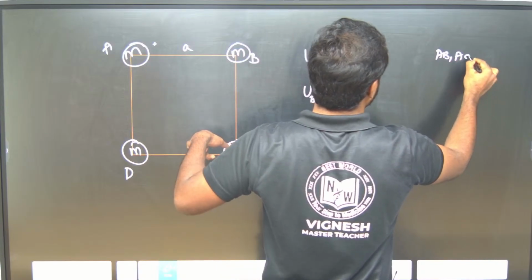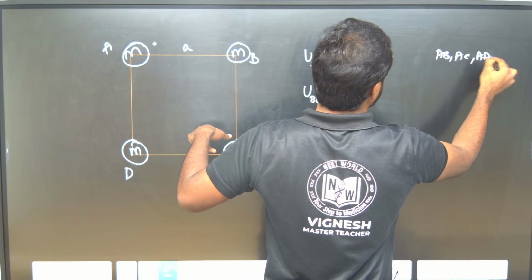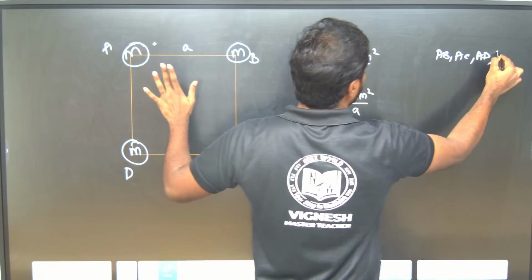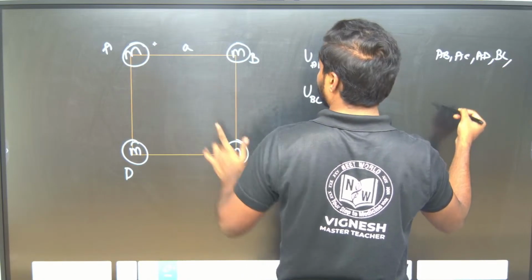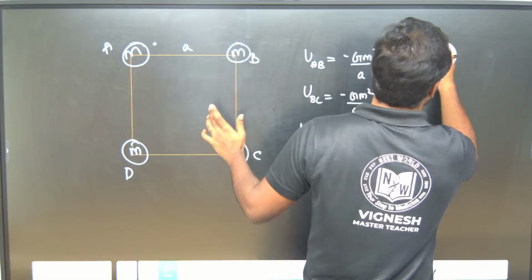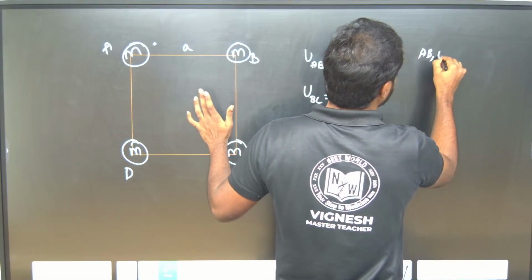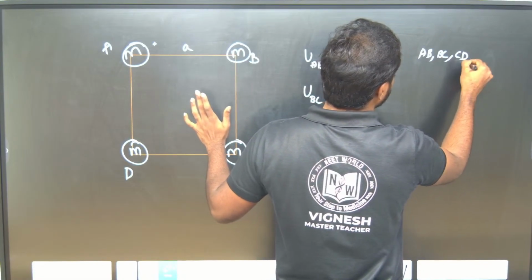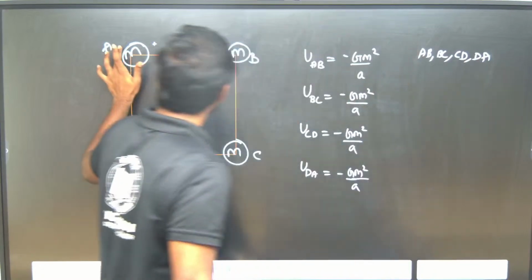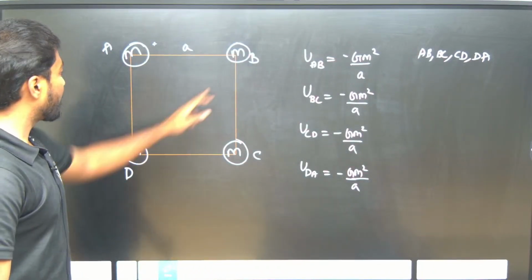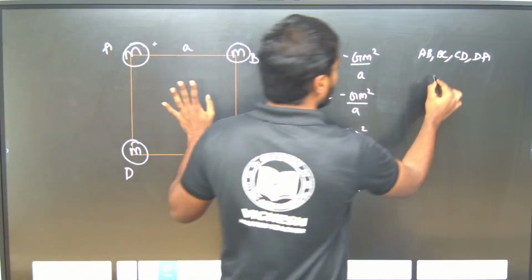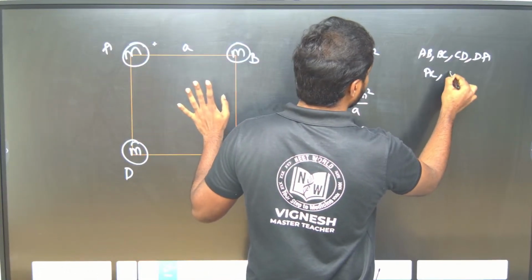A will be acting on C, and B will be acting on D, two more: AC and BD.